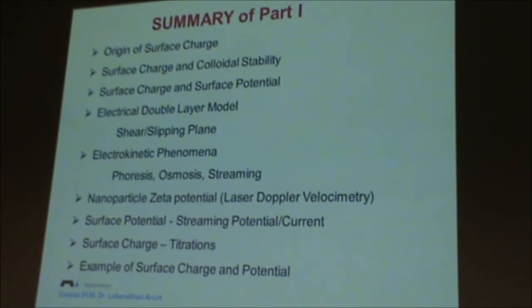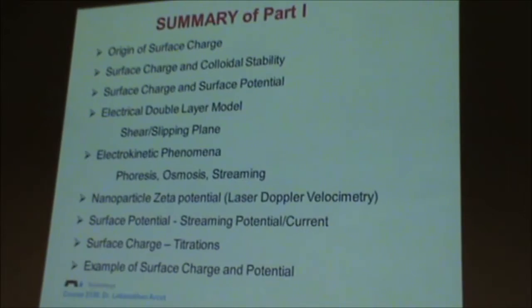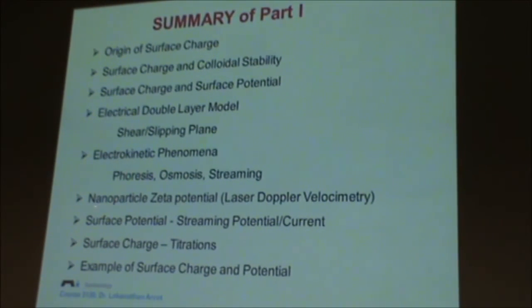Then we went to the electrical double layer, and the main concept there is the slipping plane or shear plane, and the types of electrokinetic phenomena, where we studied electrophoresis, electroosmosis, and streaming potential and current. We studied how electrophoresis can be the basis of calculating the zeta potential of nanoparticles.